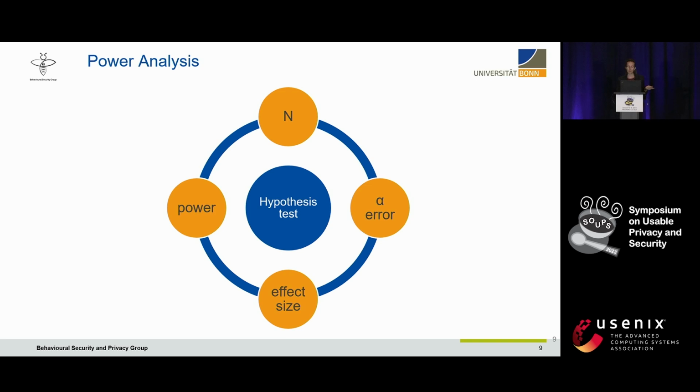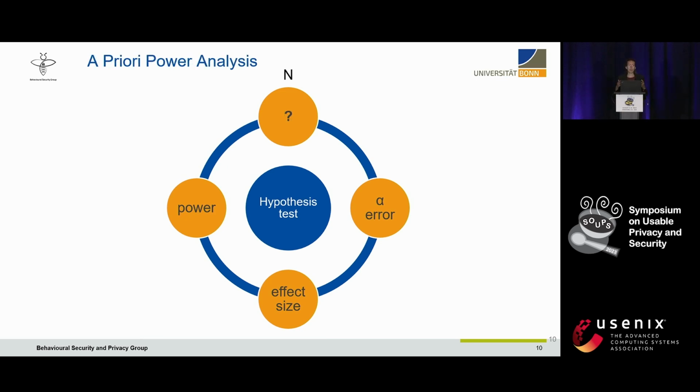Then there's the alpha error level, which is basically how many false positives are you willing to accept in your study. And finally, there's the effect size, which is how large is the difference between the 2 groups in the test that we focus on, where we're always comparing 2 groups. Or in a more general way, you're looking at the strength of the relationship between your independent and dependent variables, so between your predictor and your outcome.